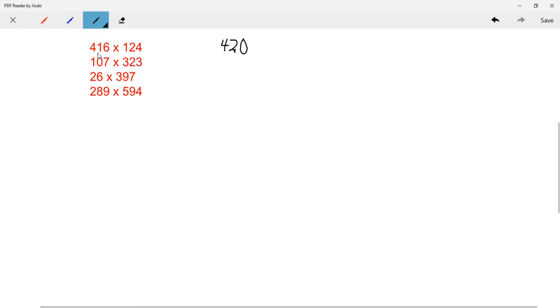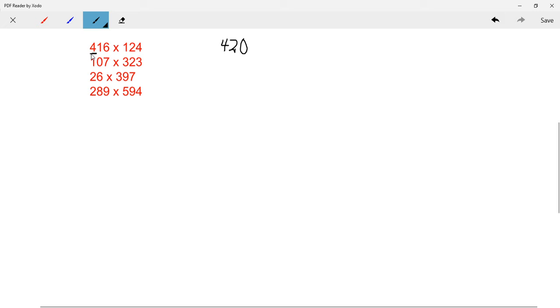Now, the problem with that is it's not an easy thing to multiply 420, right? So it's kind of useless if I'm trying to estimate this. Like, if I have to figure out what 420 times something else is, I might as well just do the full equation. So you're trying to make it easy so that you can estimate in your head, basically.